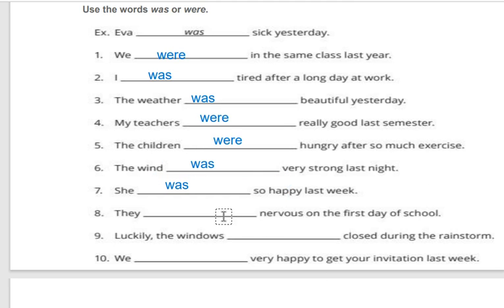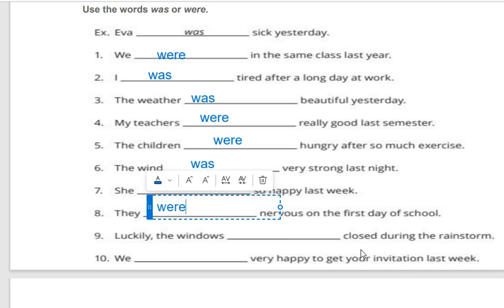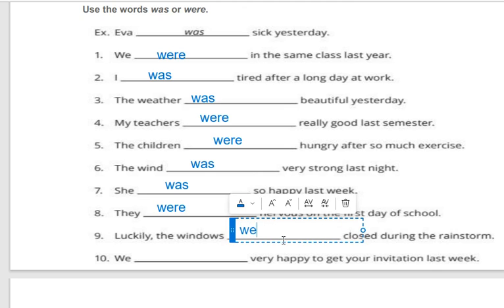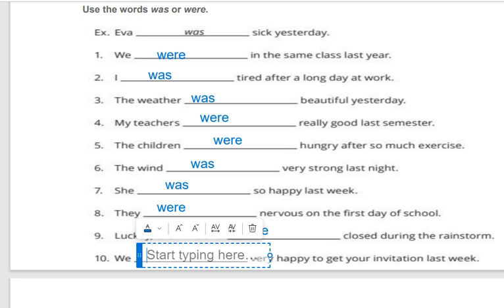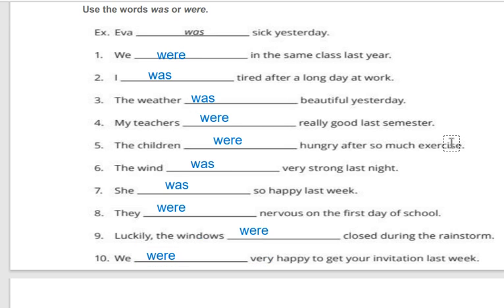Number 8, they were nervous on the first day of school. Number 9, luckily the windows were closed during the rainstorm. Number 10, we were very happy to get your invitation last week.